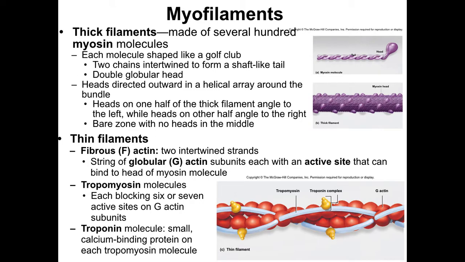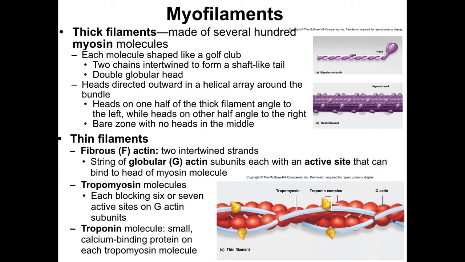The thick filament is made out of a whole bunch of myosin twisted together. So here you can see the actual filament part is all of these tails joined together, and you've got heads sticking out in every direction. They're arrayed in a spiral around the thick filament, so you've got heads pointing every which way.